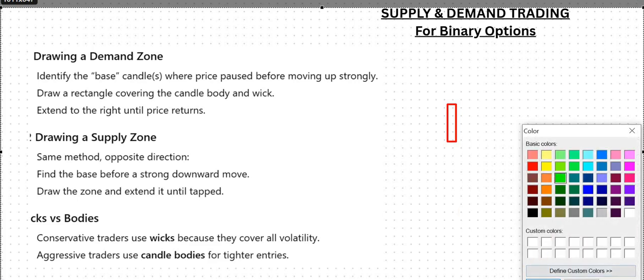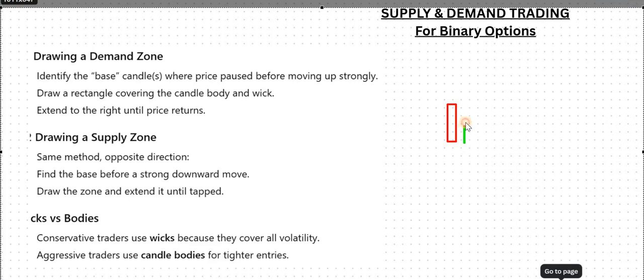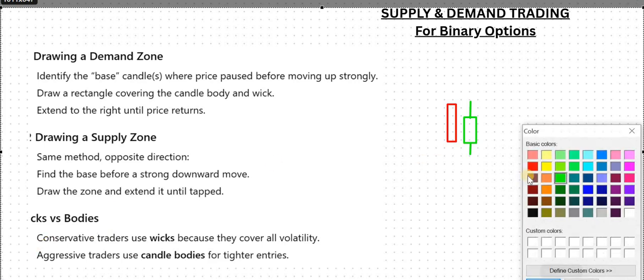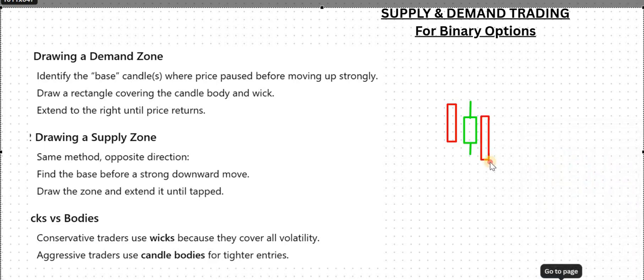So let's do this once for both sides. You have this, and you have the wicks. You have this wick, and you have this wick, and then you have the continuation candle like this.